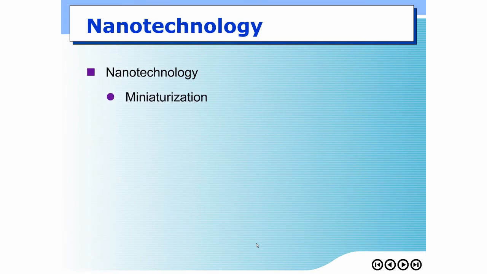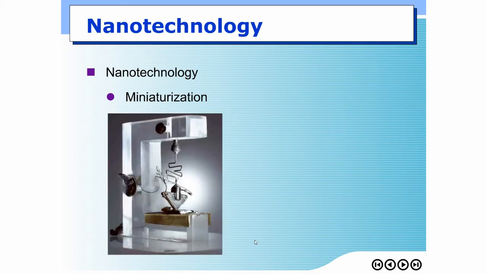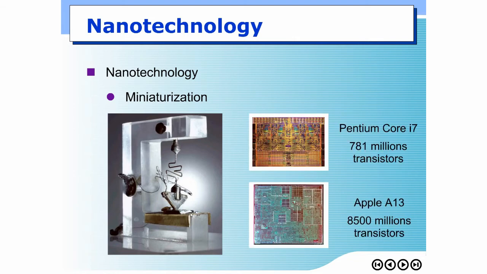Nanotechnology started by trying to reduce the size of materials. It starts from this picture. This is the first transistor invented by Bell Lab in the US. This transistor was reduced in size and crammed into small space to form the microprocessor.